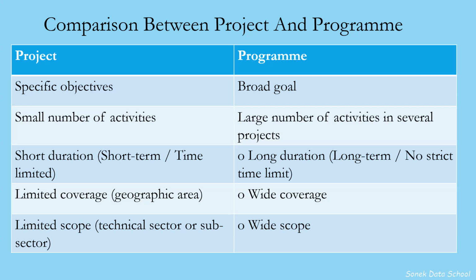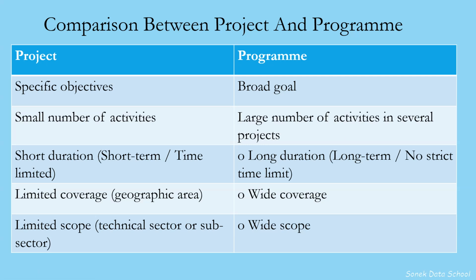A project has a short duration, especially maybe 3 to 5 years, while a program goes for a longer duration. A project is limited in coverage, while a program has wide coverage.